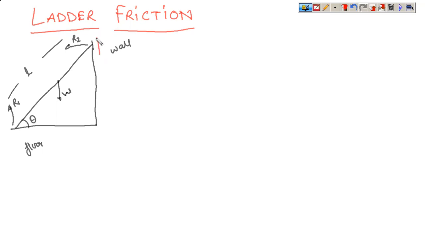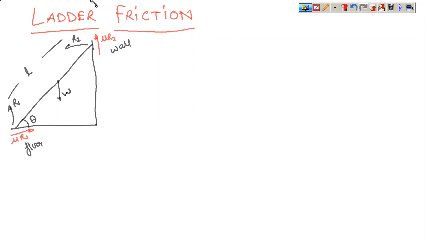So the direction of friction will be mu R2, let us say. If this comes down, mu R2 will be acting in upward direction. If this comes down, this will slightly go in the other direction. So again you have mu R1 here.